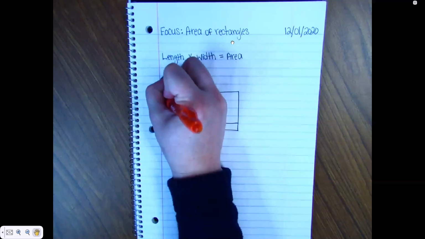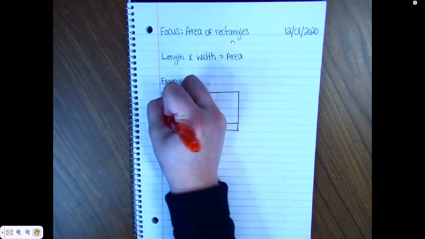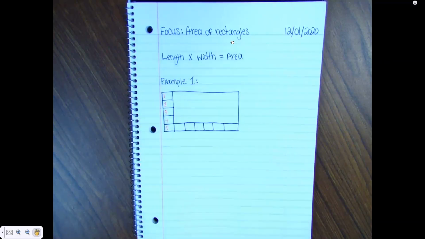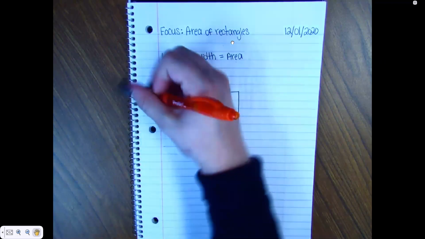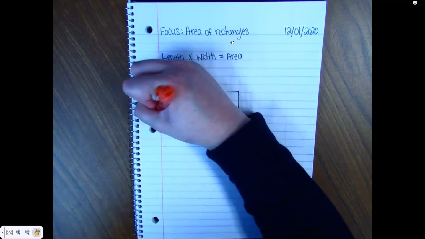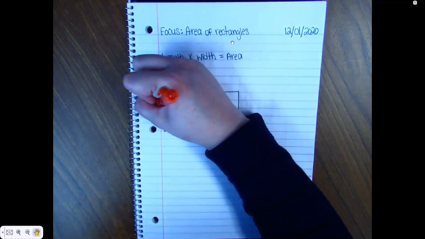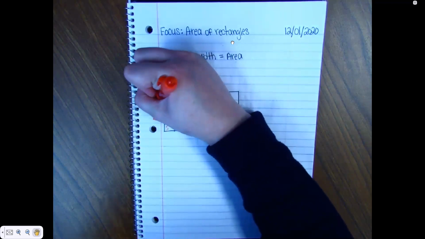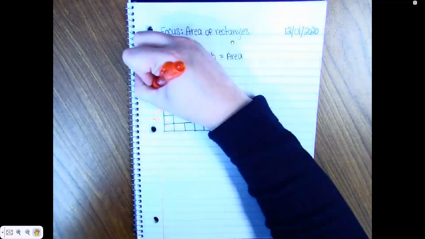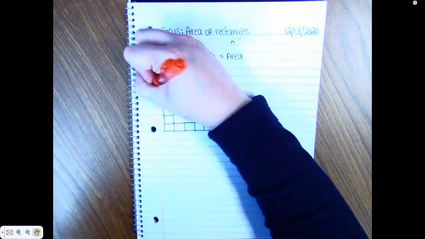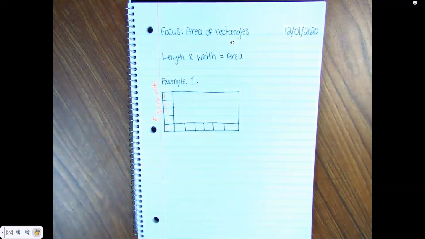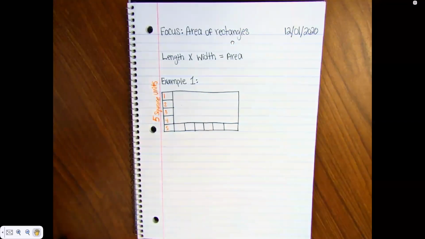So I have 1, 2, 3, 4, 5. Okay, so I have 5 on this side. So this is 5 square units. Okay, I'm going to go turn off one light and see if it makes it easier to see this.